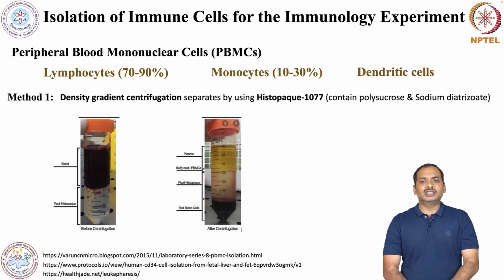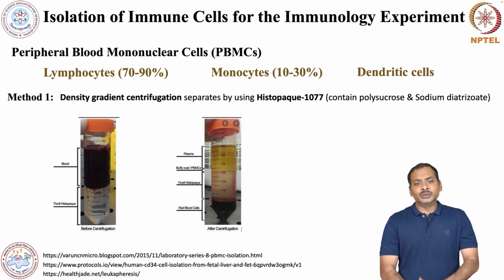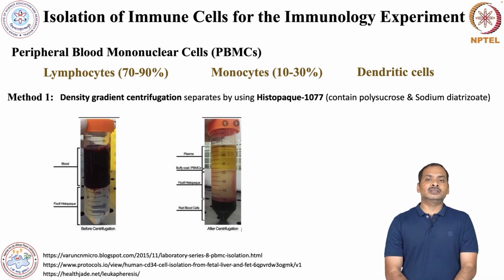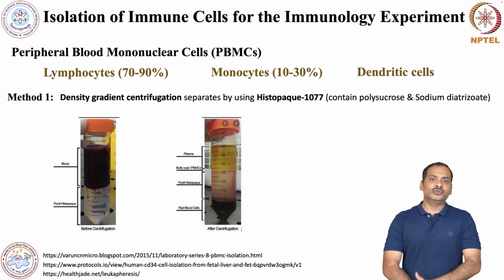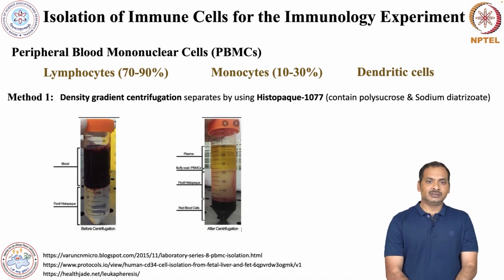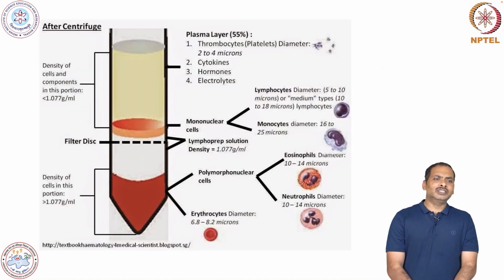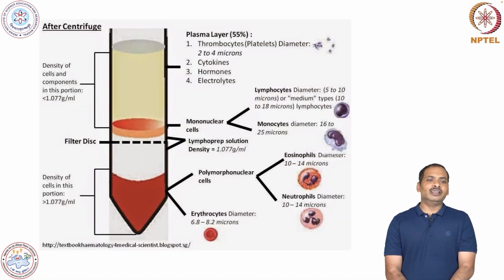So all these cells are there, and you can aspirate this intermediate section and use it for various experiments. Here I am giving you a little more detail with a schematic, and I think it will be very convenient for you to understand.